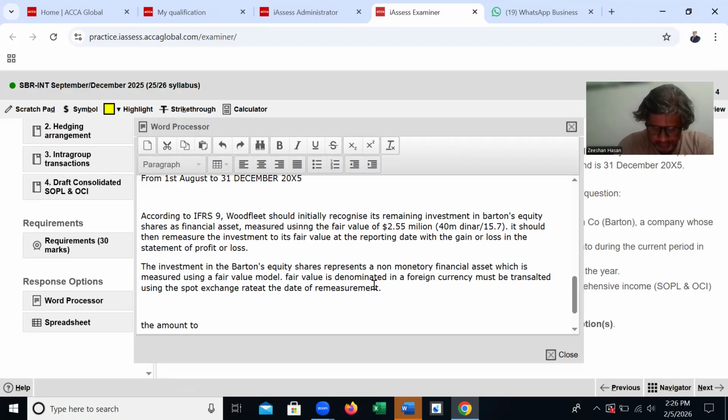The amount of 47 million dinar divided by the rate, which is 20.6, we will get dollar 2.28 billion, which is a loss of dollar 0.27 million.